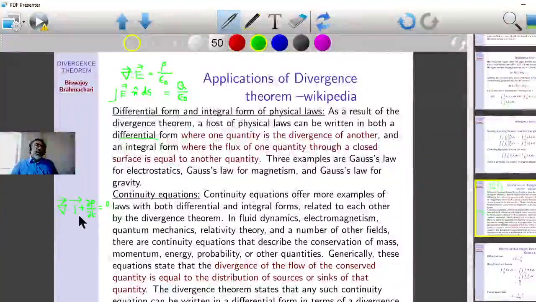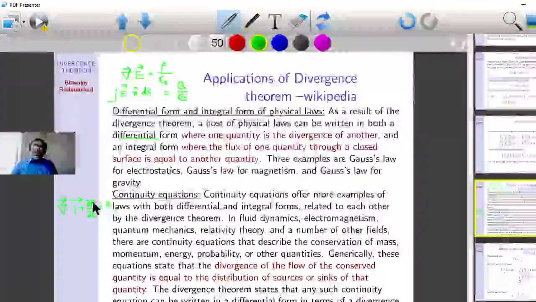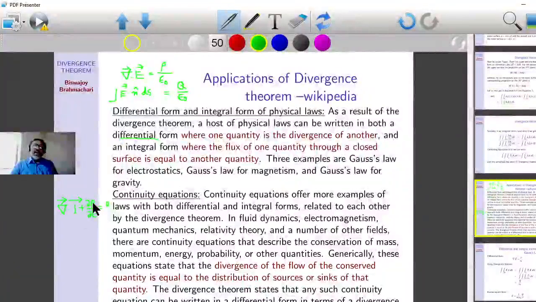And also in quantum mechanics, there is a continuity equation where rho is the probability density. This is psi star psi. Psi is the wave function, and J is probability current density. That means that is a probability current density in quantum mechanics, and rho is psi star psi, and they follow the same continuity equation.